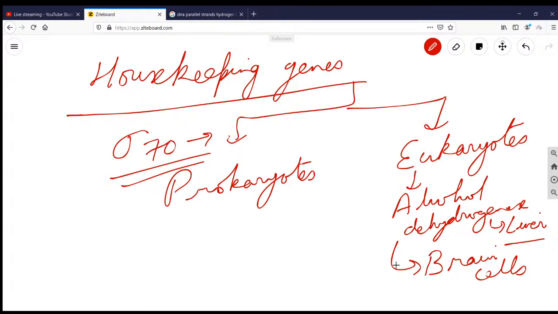But the thing is, the DNA is the same, right? It's not that some genes are present in some cells. You have the same DNA, 6 into 10 to the power 9 base pairs for diploid, 3 into 10 to the power 9, 3 billion base pairs, for haploid cells.